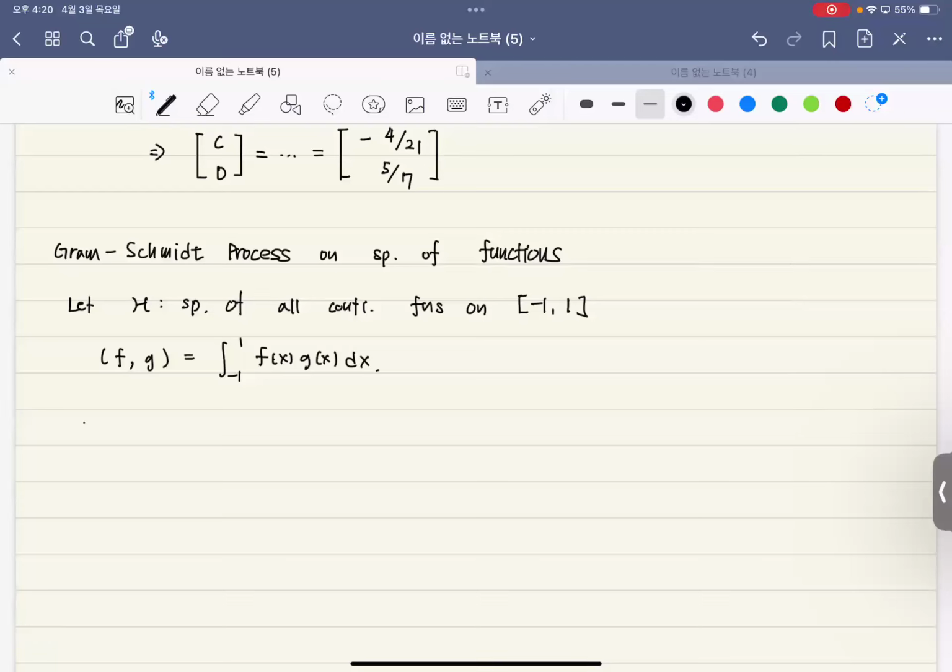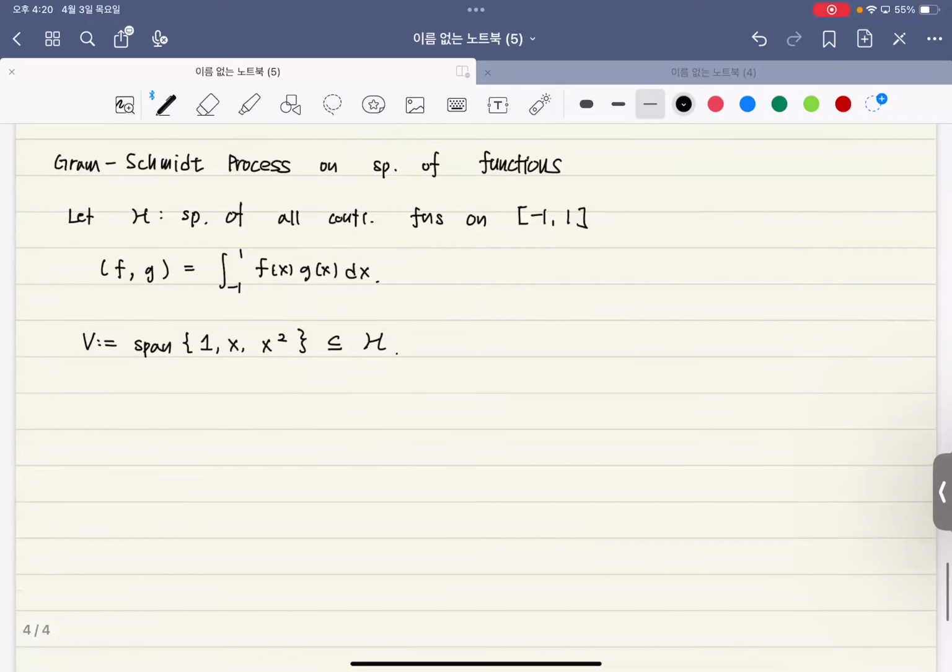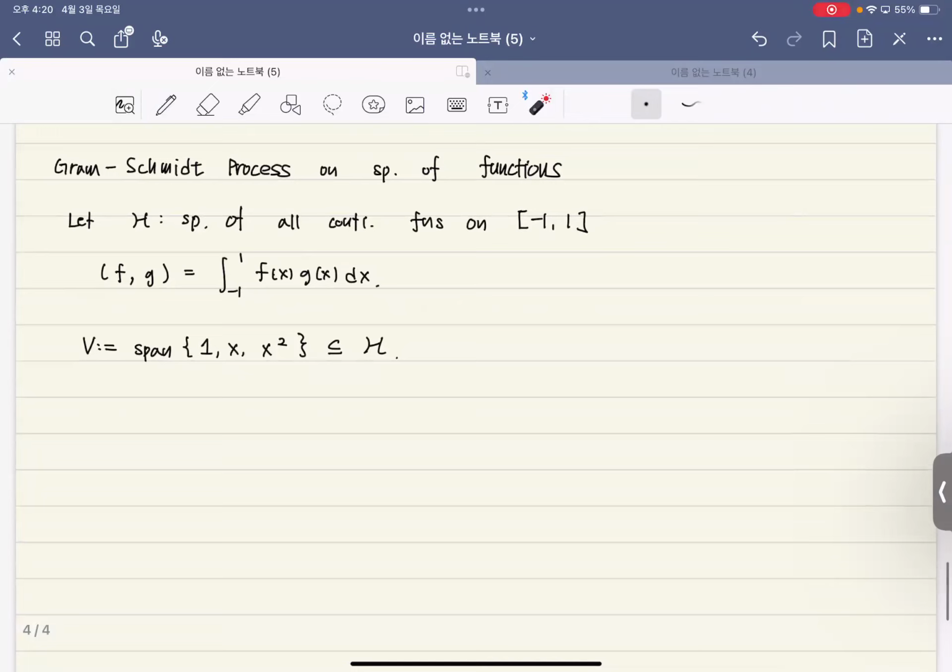For simplicity, V is the span of 1, x, and x squared. This is obviously a subspace of the vector space H. What I want to do is simple: apply the Gram-Schmidt algorithm onto these three basis vectors, and make a new orthogonal basis.